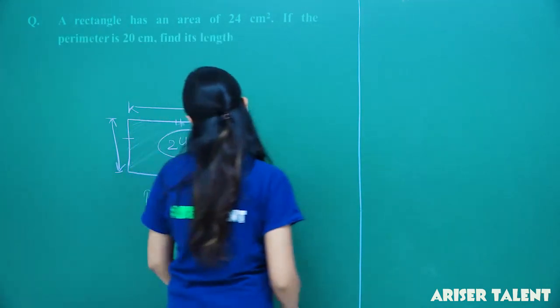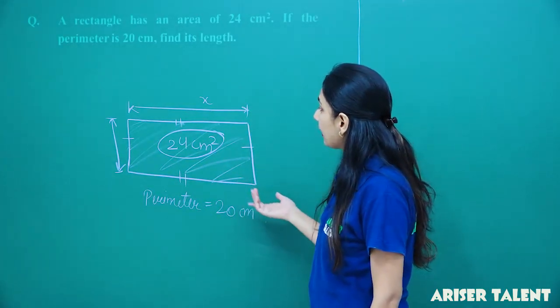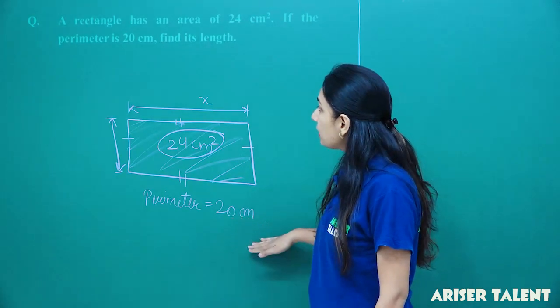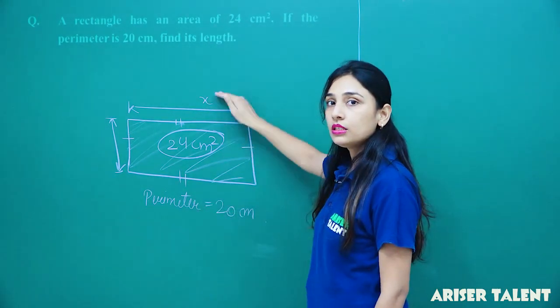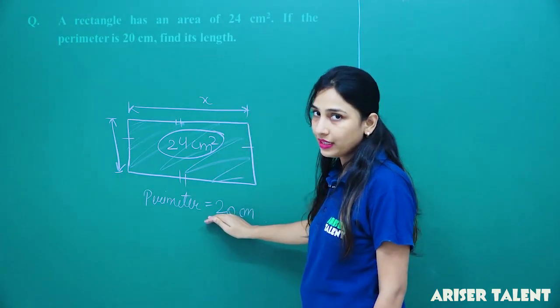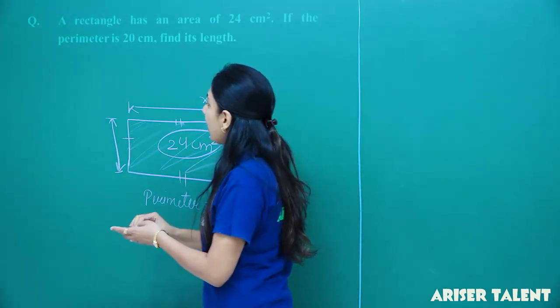Okay. Right, then perimeter is given. So how do you calculate this? Now students, understand this. If this is x, that will be x. So these are 2x here, right? Now I am taking this as y.